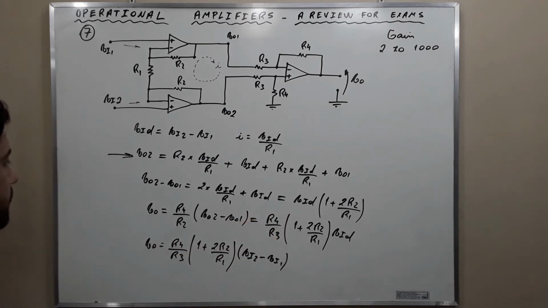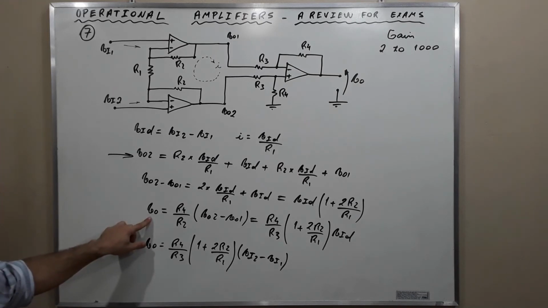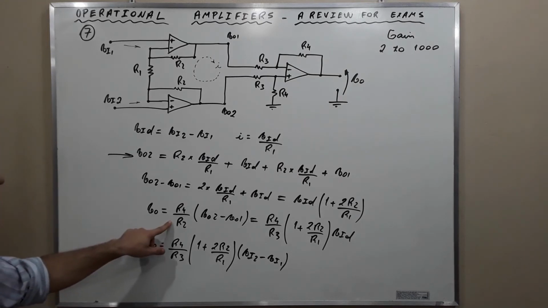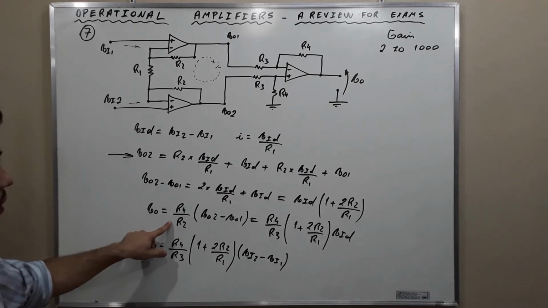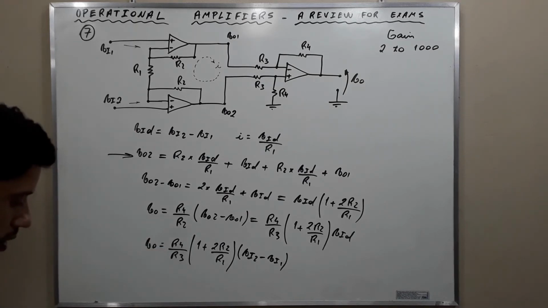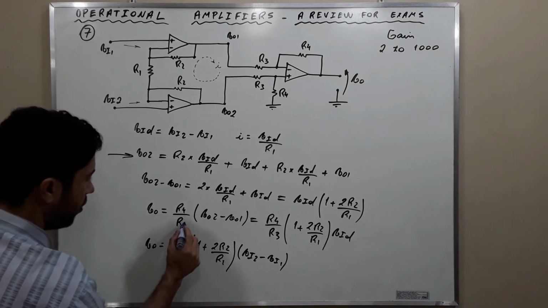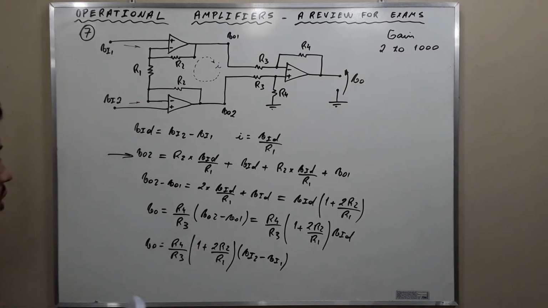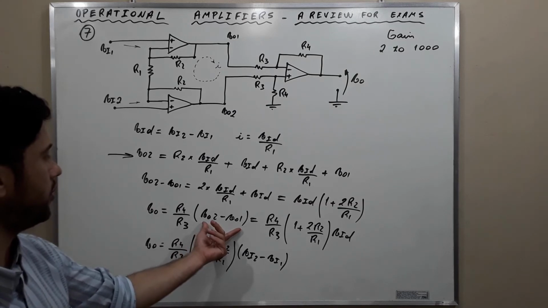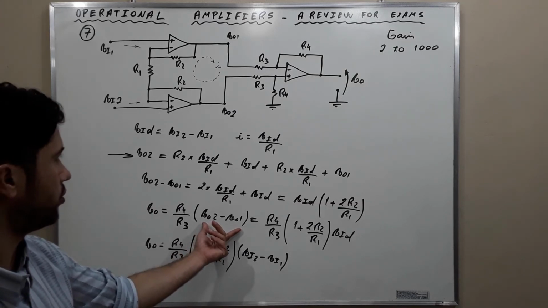And now this step here, VO is equal to R4 over R3. Sorry, I made a mistake here. R4 over R3 times this difference in voltage.